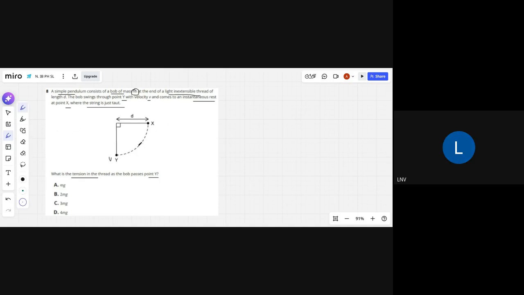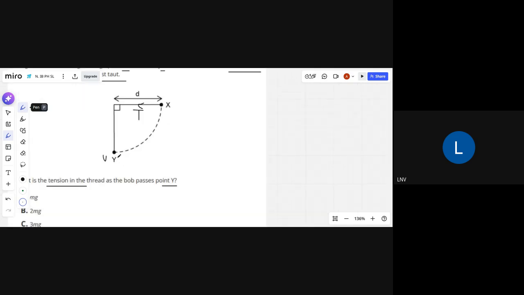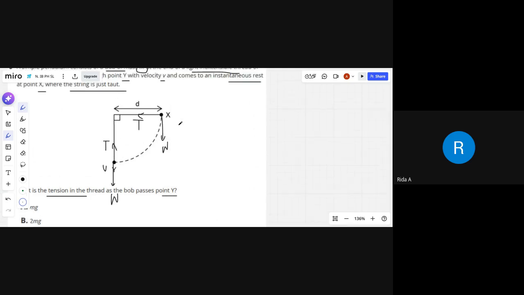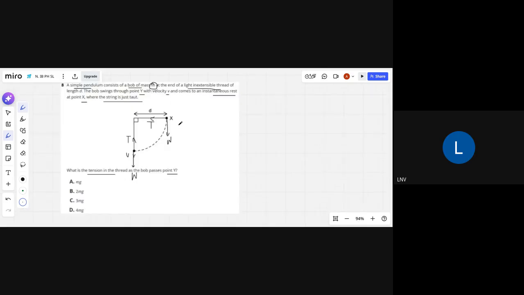That's how tension works. If there's weight going downwards, then tension is going upwards, equally. And in this case, weight is still down, but tension is like that. So in this case would it be centripetal force or weight, or is it both?